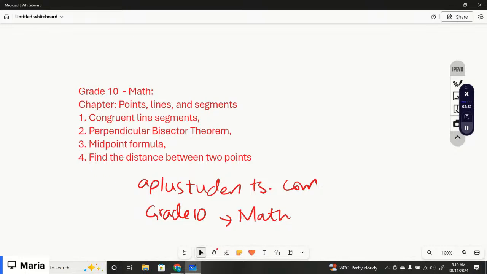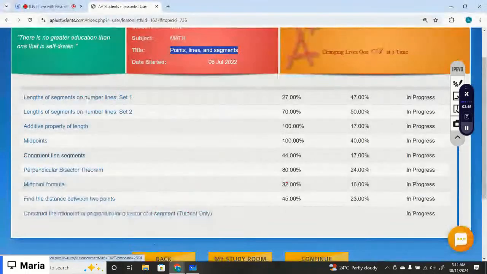Okay, so let's just start with the lesson here. I'm on grade 10 math with congruent line segments.